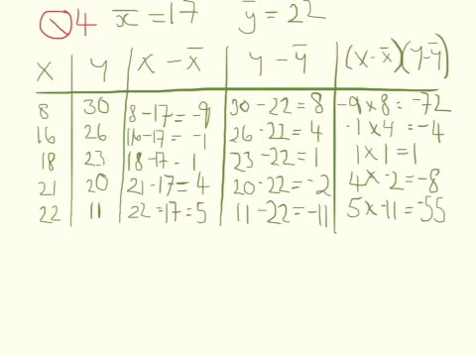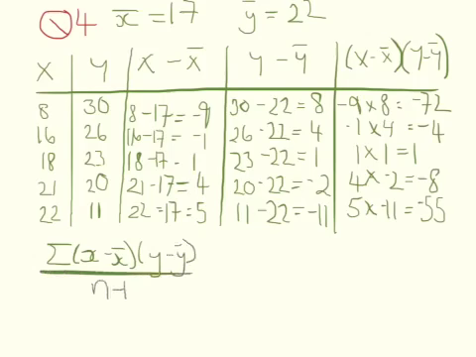Now, our formula says that we have to get all of those x deviations multiplied by the y deviations and add them up and then divide by n minus 1, where n is the number of pairs. So if I add up all those values in the last column, I get negative 138.